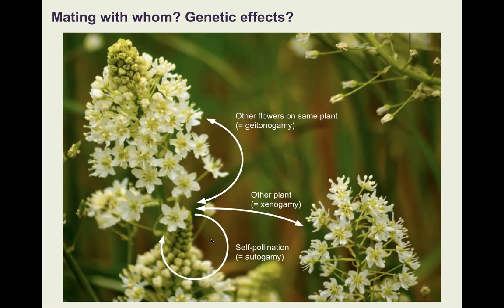And in contrast to that, we have this other term, xenogamy. Xeno is foreigners or outsiders. So that's pollination with somebody who's not the same plant. I think it's just worthwhile to think about the many flowers on a plant. Outcrossing still has to involve another plant.